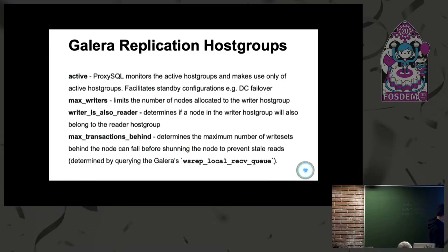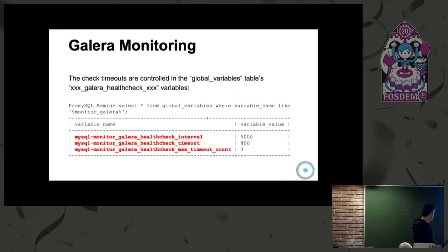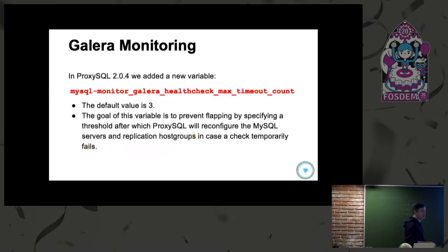Again, these are the settings we discussed before about configuring your max writers and whether the writer should also be used as a reader. Separate health checks have been introduced. These check the wsrep variables to determine the status of a node. Here obviously you can set the interval, the timeout, and the max timeout count for each of the checks.